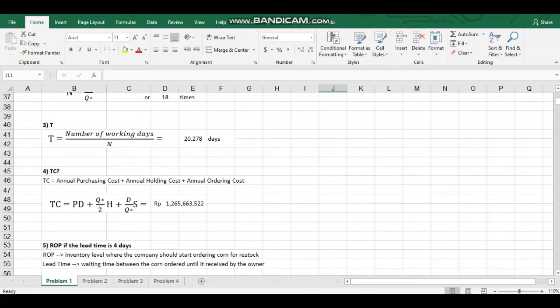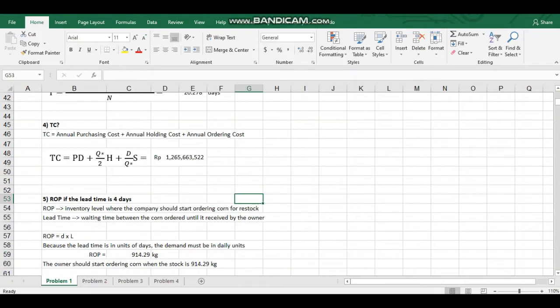So what if the lead time is 4 days, and what is the reorder point? Basically, reorder point is the inventory level where the company should start ordering corn for restocking.